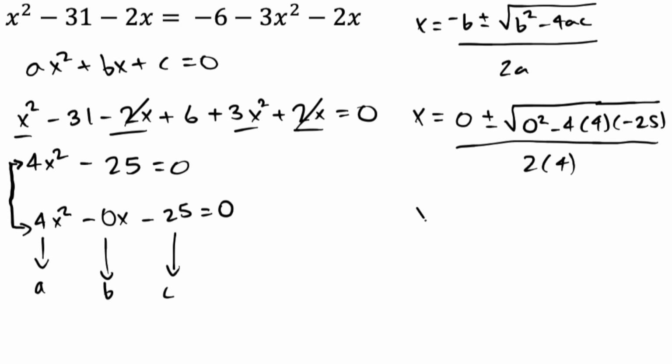So let's continue. X is equal to 0 doesn't matter, so we can just say plus or minus the root of negative 4 into 4 is negative 16, and negative 25 into negative 16 can just be written as 25 into 16. So let's do some quick multiplication. 5 into 6 is 30. Then we can do 2 into 6, that's 12, that's 15.